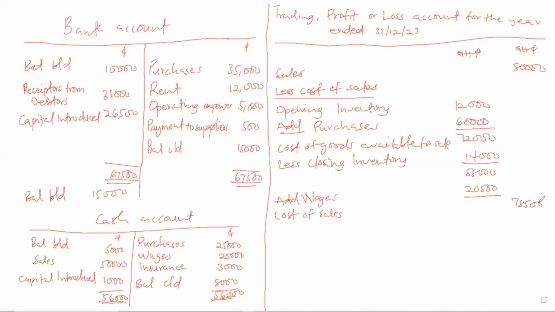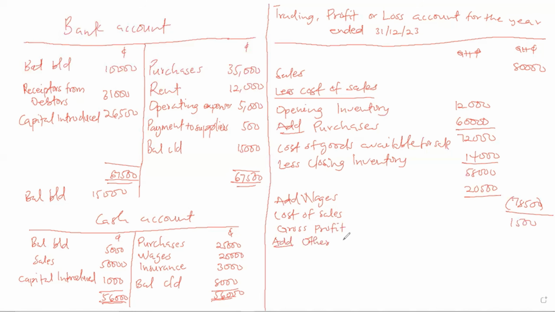So we less our cost of sales from our sales, then we get 1,500 as our gross profit. Then we have income there in the question, where we prepared an account on it, and we said 200 should come to the P&L account.